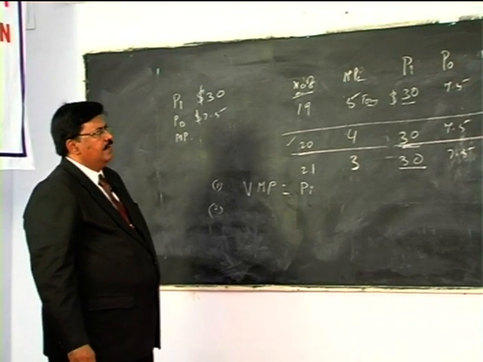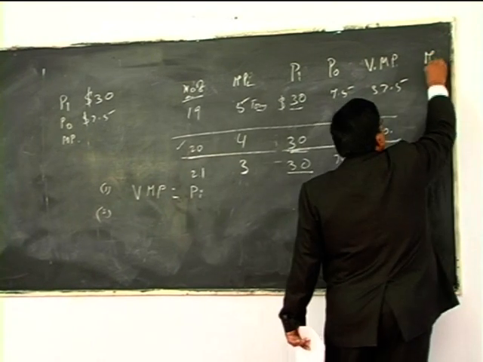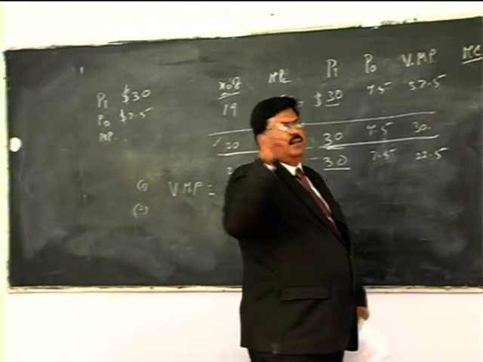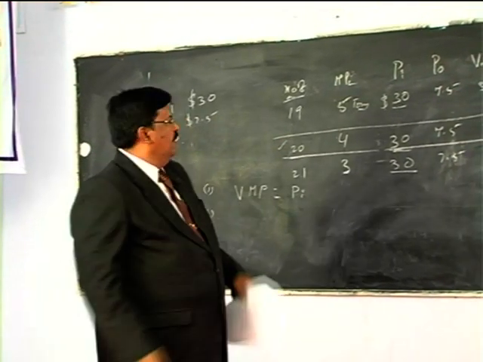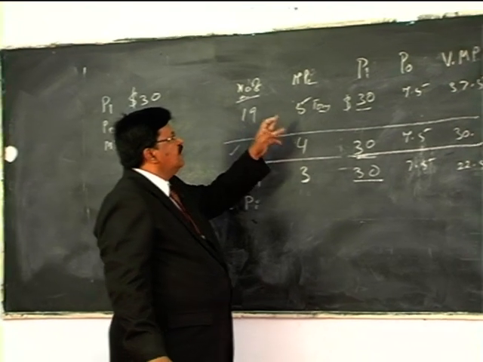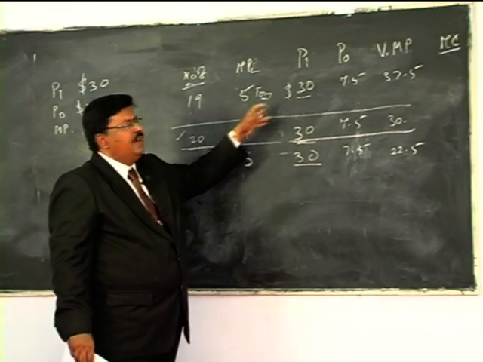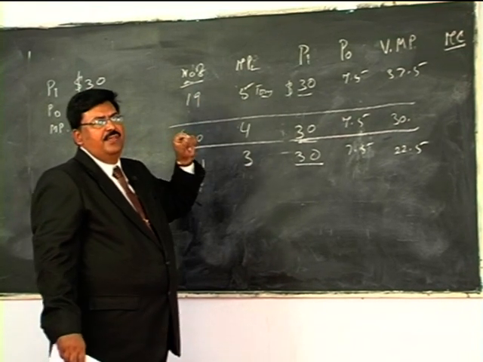Second one is, we can also calculate marginal cost. Marginal cost, what is the extra cost per unit of output? For example, in the first case, what is the cost? $30 and the benefit is 5 units. What is the cost per unit?